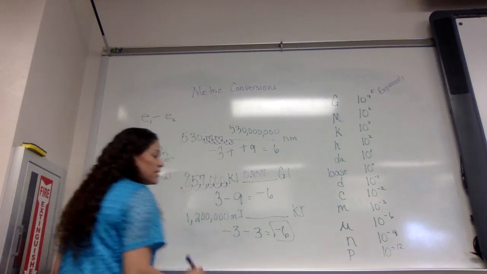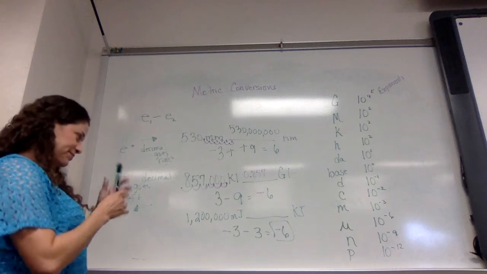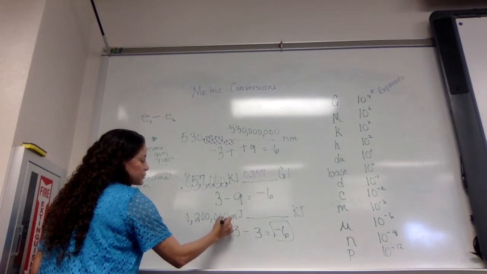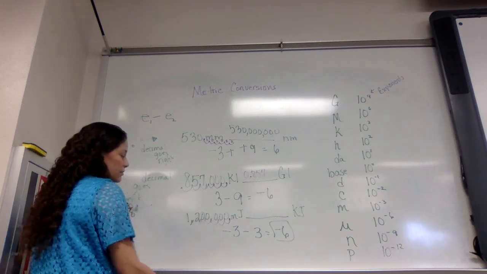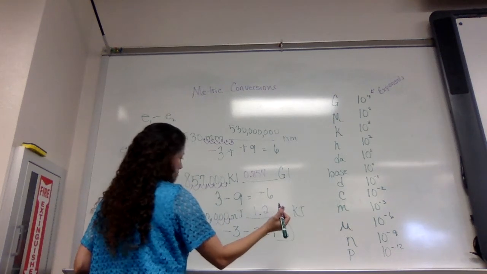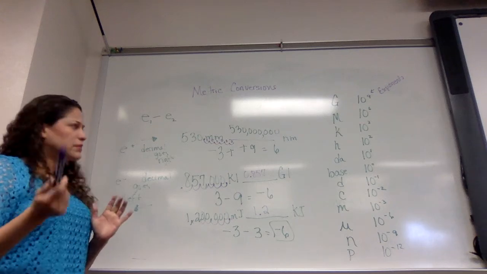Because it's negative, my decimal's going to go to the left. So I'm going to stick my decimal here, go to the left 6 spots. 1, 2, 3, 4, 5, 6. And there's my stop. 1.2. Done.